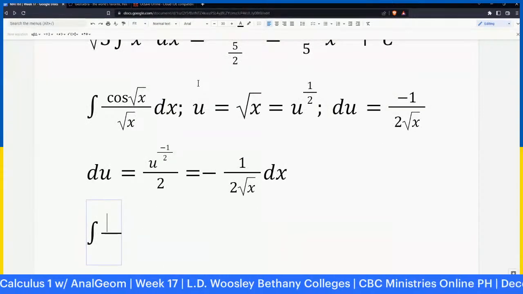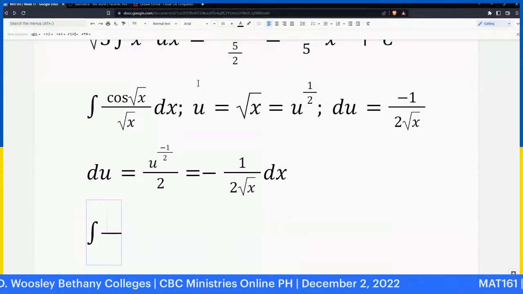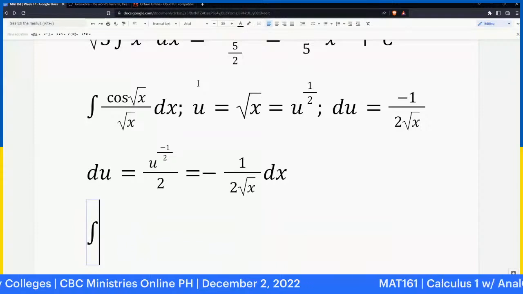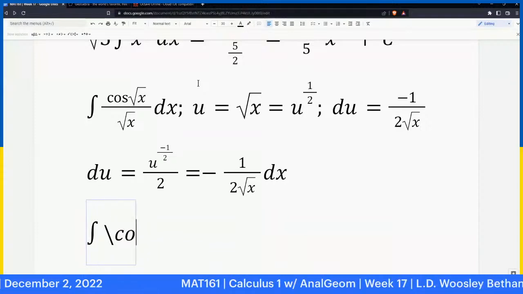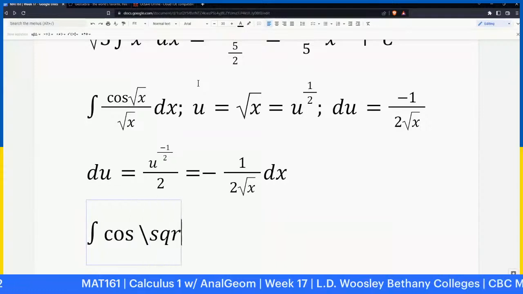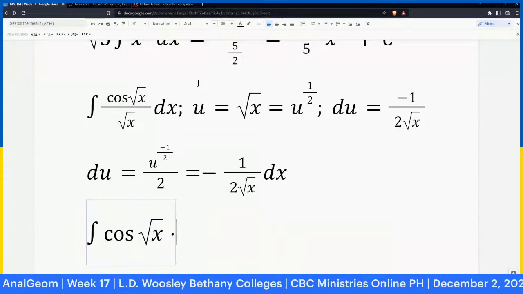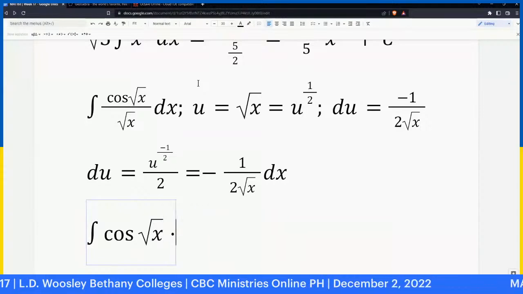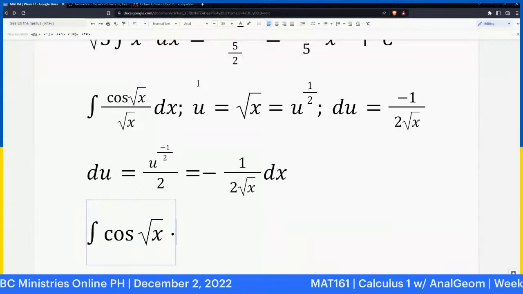Ang mangyayari niyan, yung u mo, which is cosine square root of x. That's your u. Yung du mo ngayon is negative.